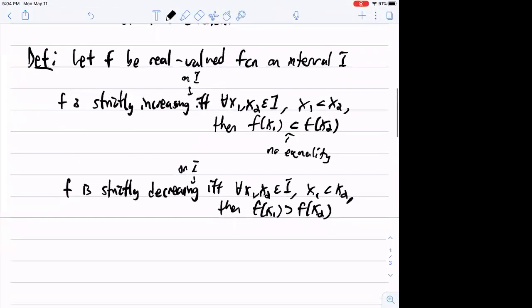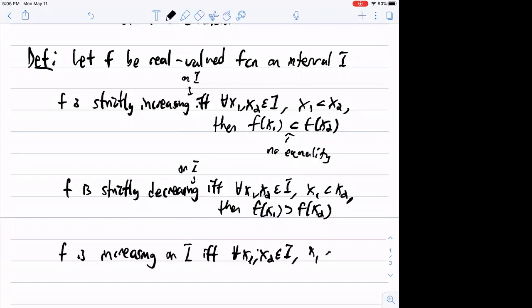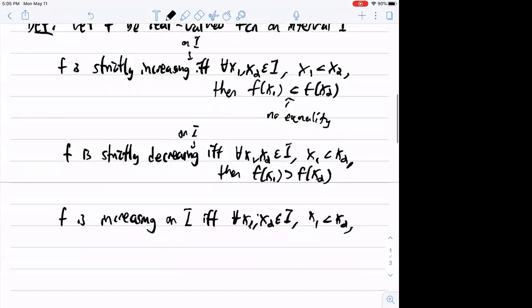Okay, so let's continue. f is increasing on I. Increasing is the same as strictly, but you have equality: x1 less than x2 implies f of x1 less than or equal to f of x2.